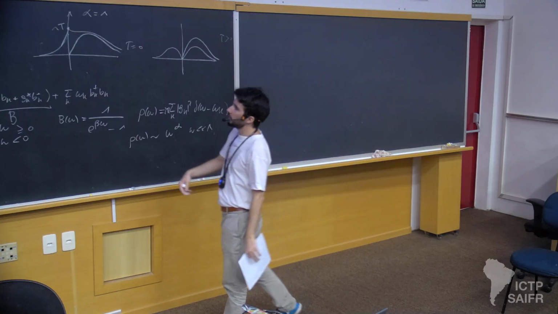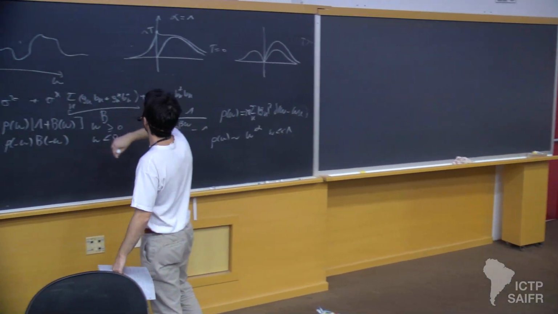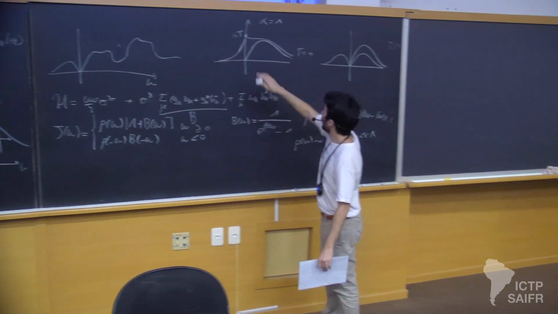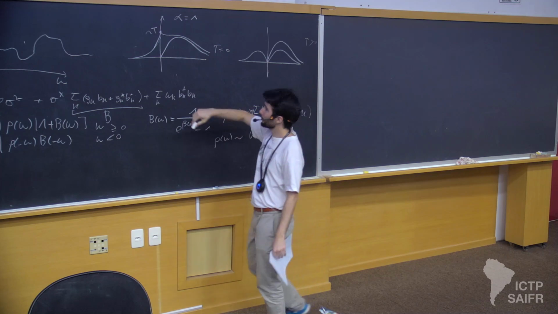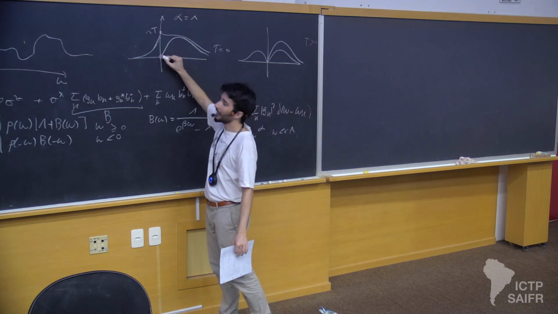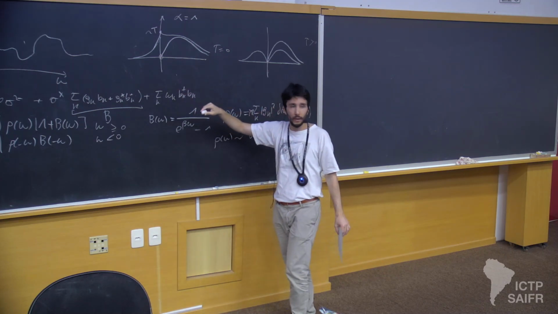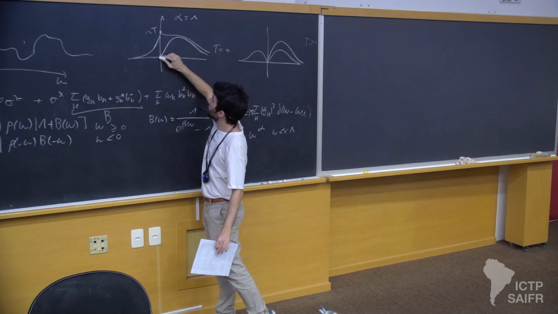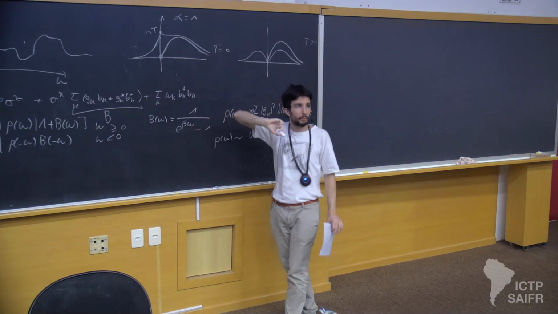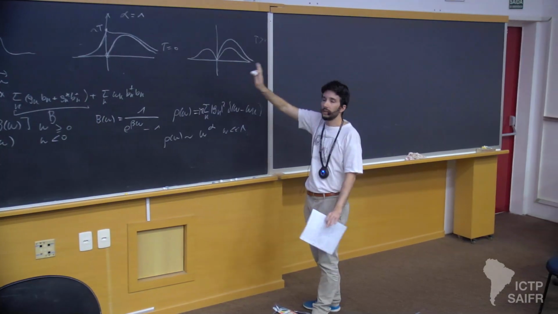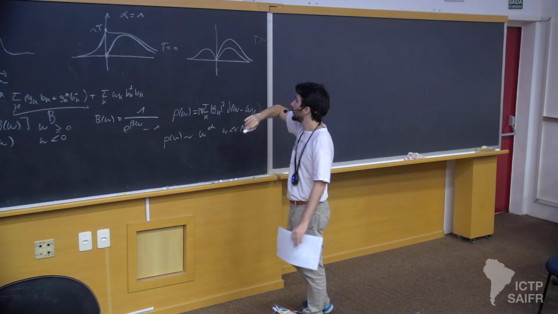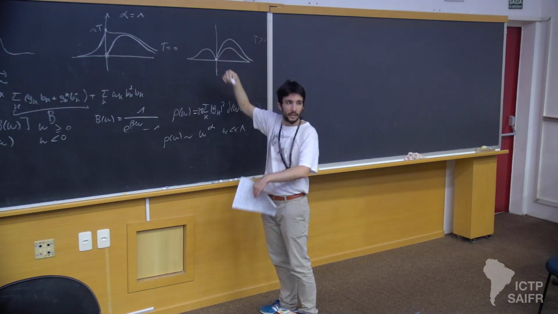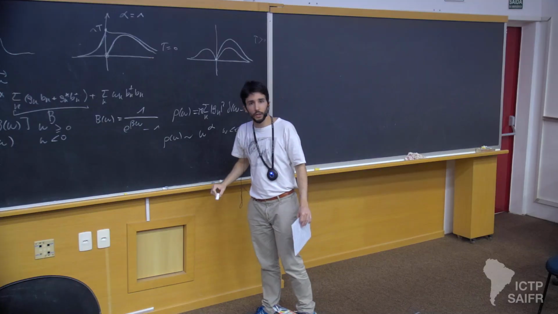So the reason I'm emphasizing all of this is that all these distributions have a non-analytic behavior at zero frequency. So here you have a cusp, here you have zero, and then it goes up to something with a non-vanishing derivative. Here also you have higher derivatives, which are singular.